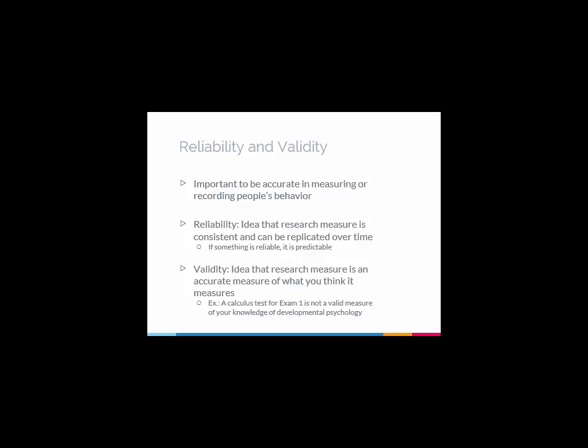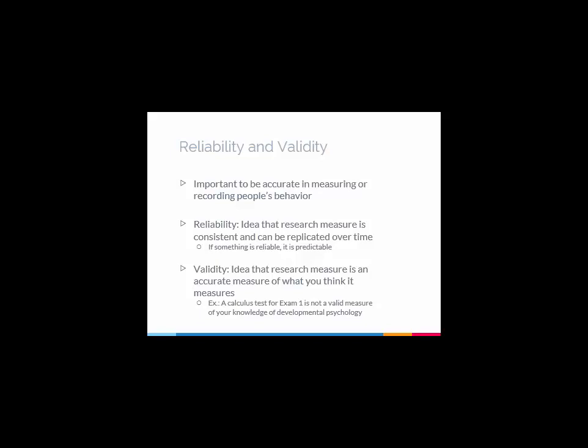If something is reliable, then it's predictable. Does this method consistently measure what is being studied? For example, if I give you an IQ test in week 1, you should have a pretty similar score in week 2. In this sense, that would be a reliable indicator of IQ.